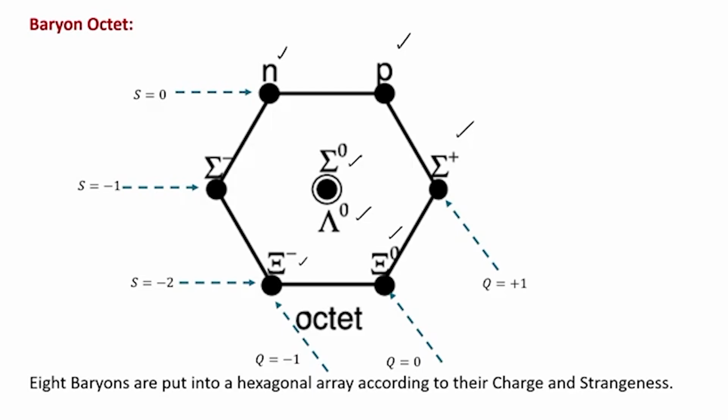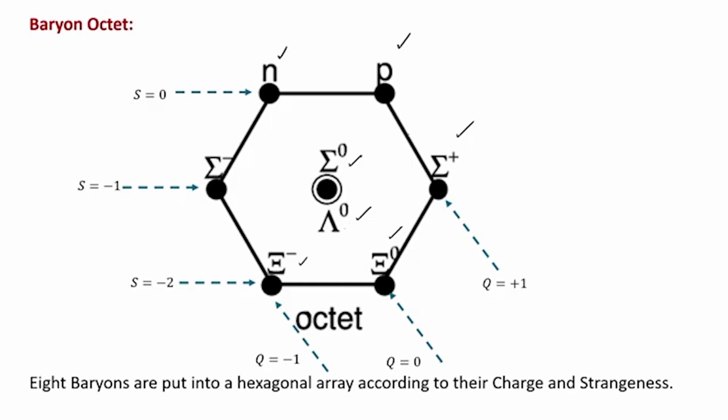If you look at the strangeness numbers, which are noted as s equal to 0, s equal to minus 1, s equal to minus 2, you also have these sigma 0, lambda 0 particles here, which are characterized by these.